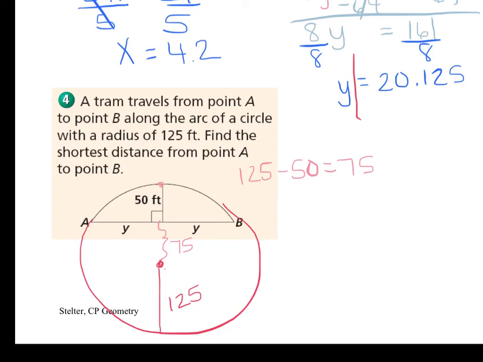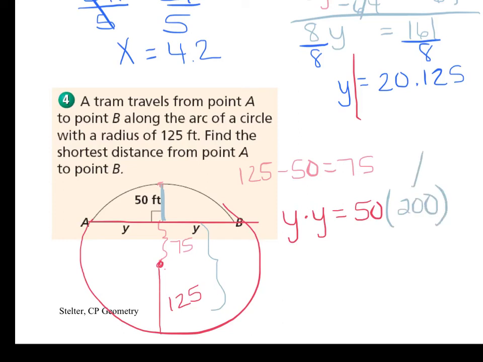So this whole line is y times y equals, where they crisscross, 50, this chunk right here, times the other section, which is this right here, 75 plus 125, which is 200.